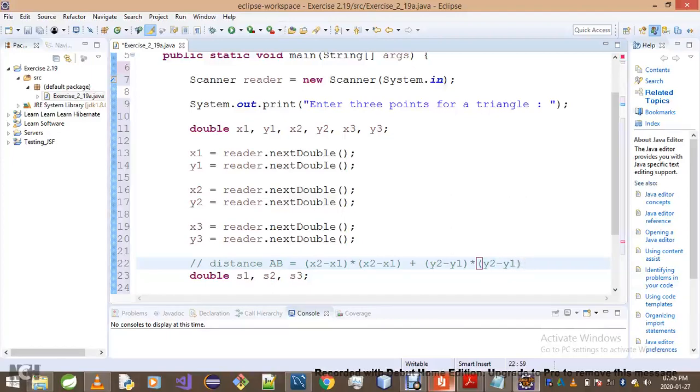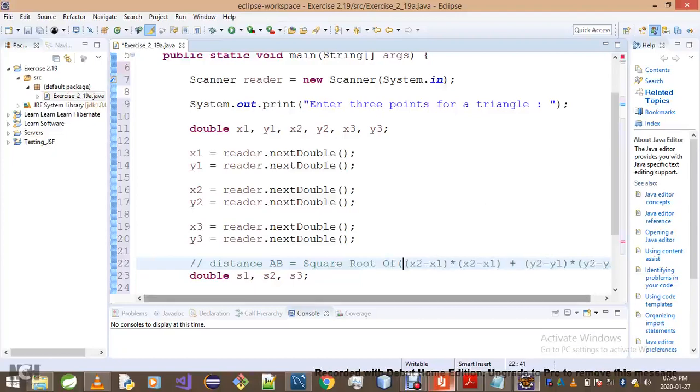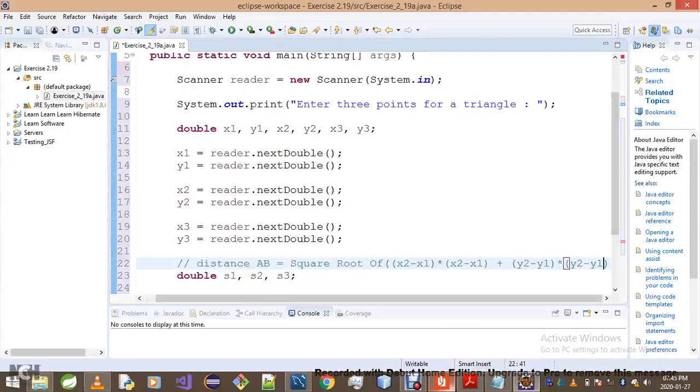Yeah, we're done now. However, you have to find the square root of this whole thing. That's how you go about finding it. I should go square root of this whole thing. This is your distance formula.